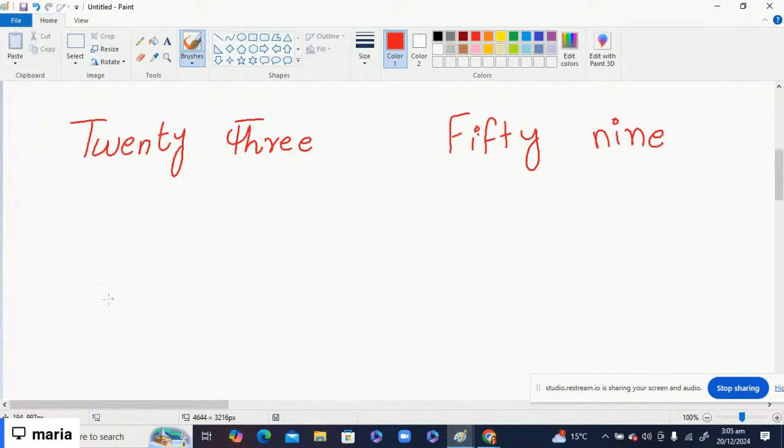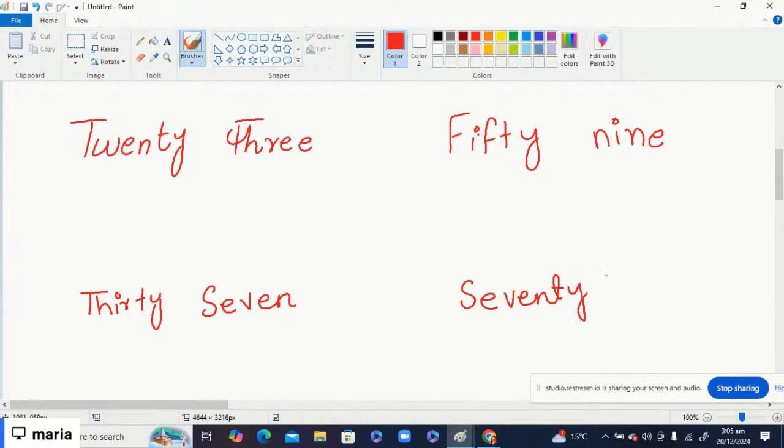Okay, now you guys tell me one by one in the chat, how can we write it down in the form of digits? So everyone tell me in the chat, what is the first one?